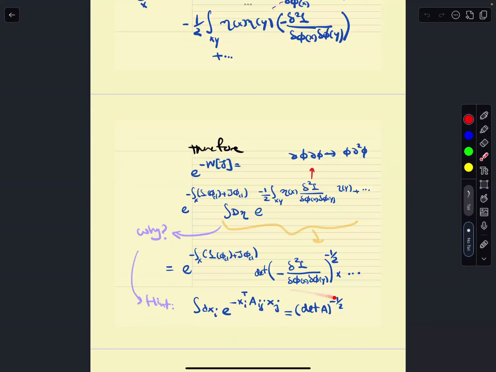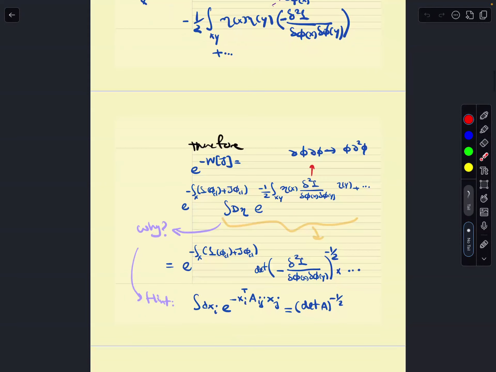So this is just a generalization of that, and that generalized to operators looks like this. So it's the determinant of this operator to the power of minus half. This should be familiar from QFT1.